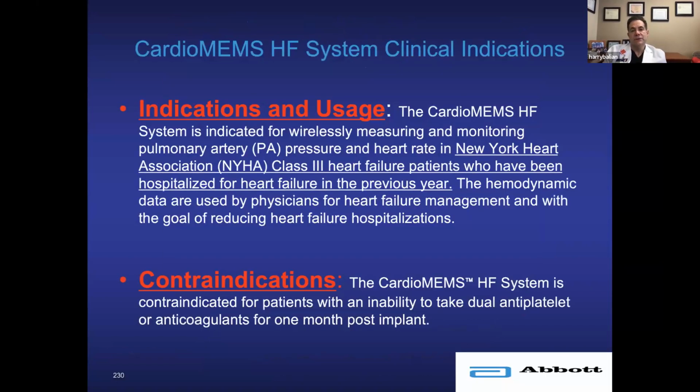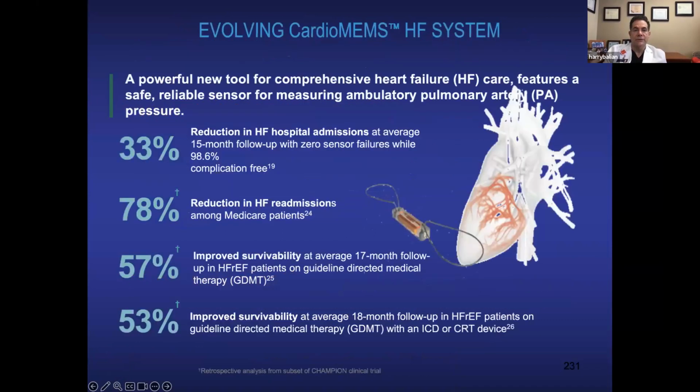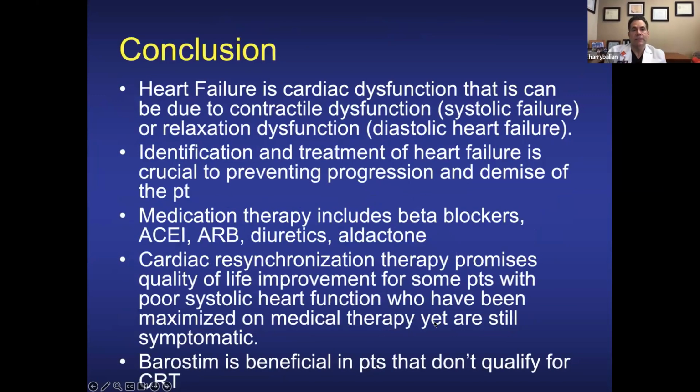So the indications and usage: the CardioMEMS device is indicated for wirelessly measuring and monitoring pulmonary artery pressure and heart rate in New York Heart Association NYHA class 3 patients. There was a 33% reduction in heart failure hospital admissions, 70% reduction in heart failure readmissions, and 53% improved survivability at an average of 18 months follow-up.